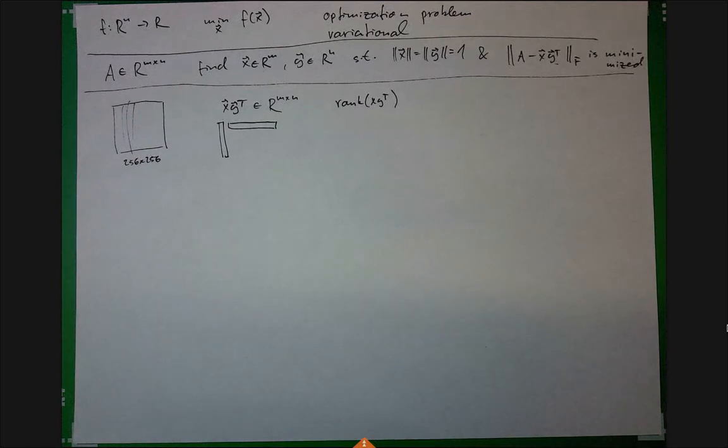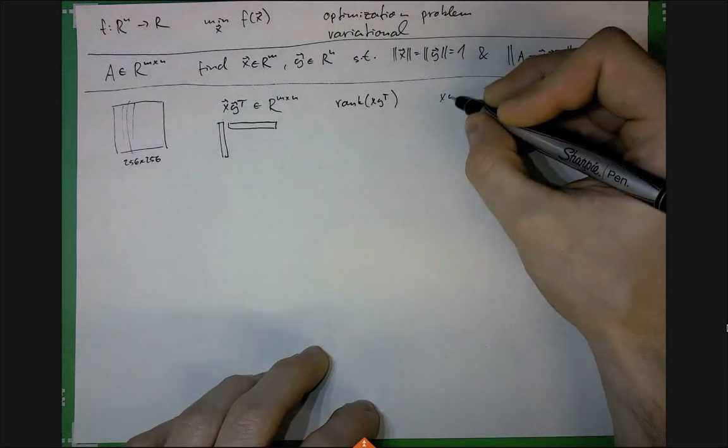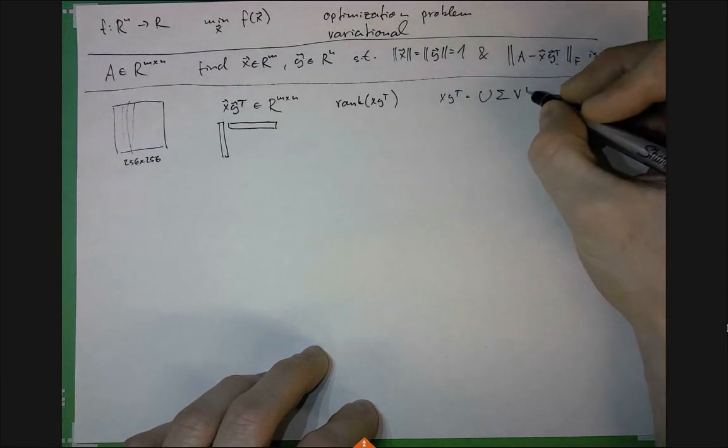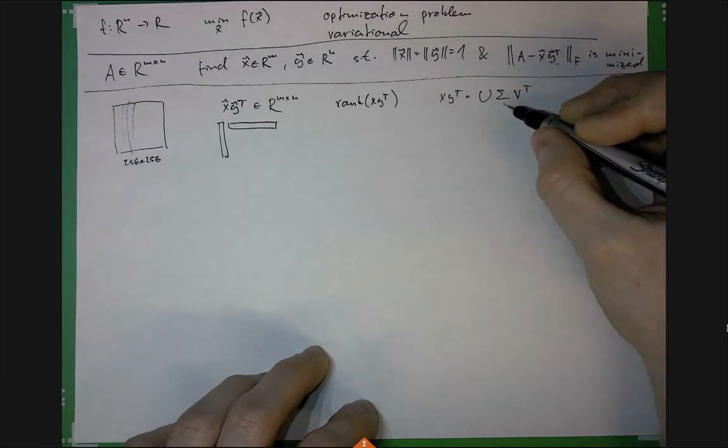Nobody? I probably didn't do such a great job explaining. So what could we say about the SVD of XY^T? If I decompose it into some U, sigma, and V^T, how do you think the sigma would look?